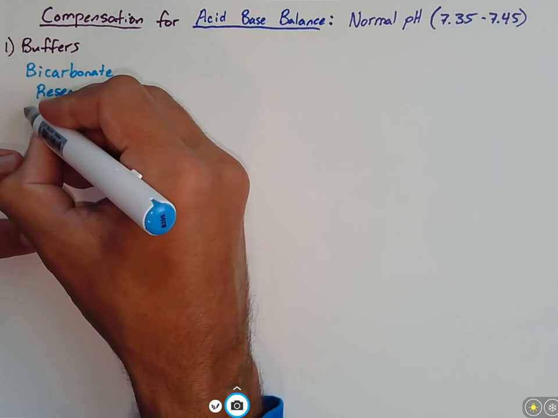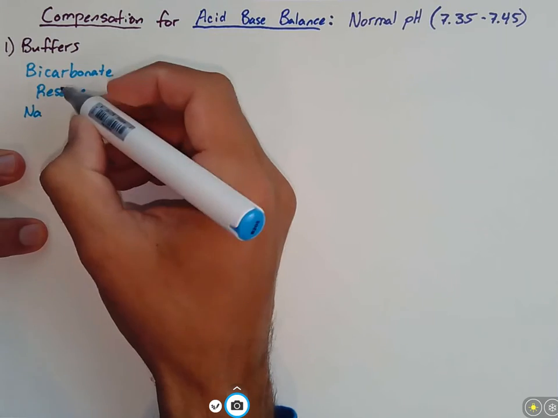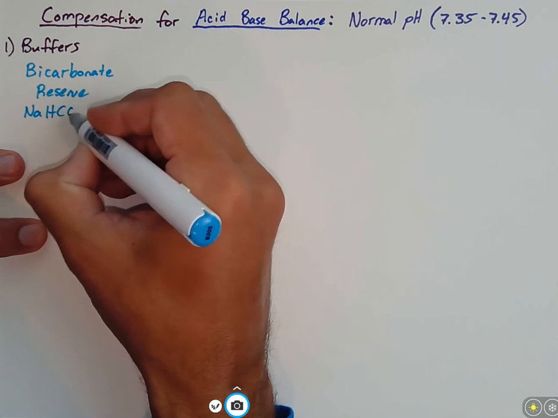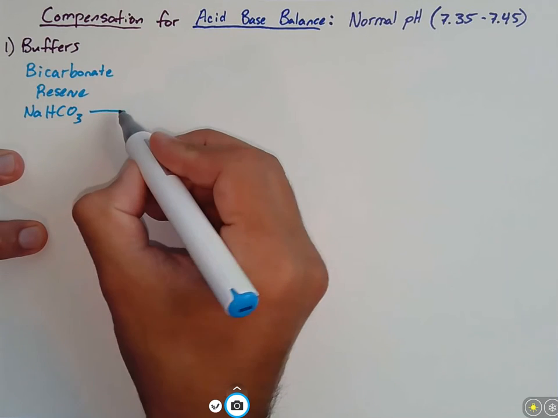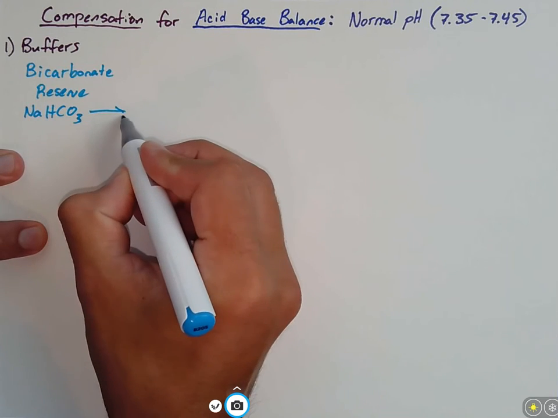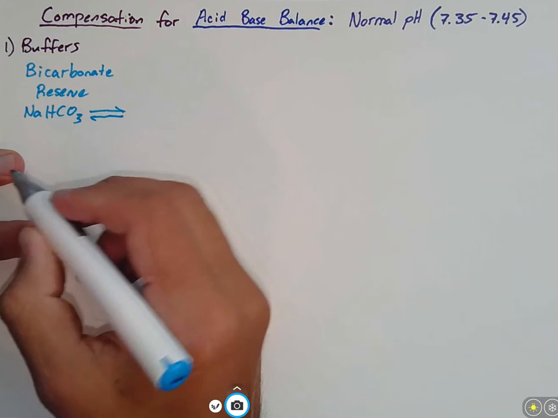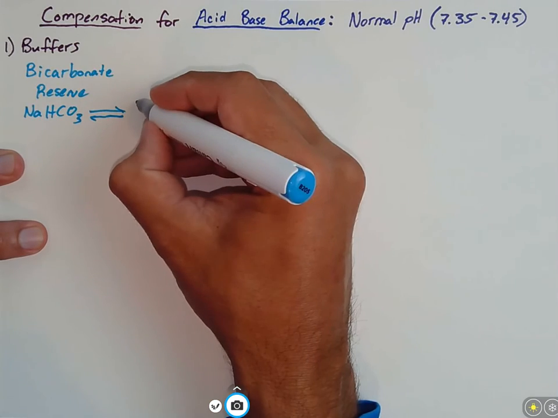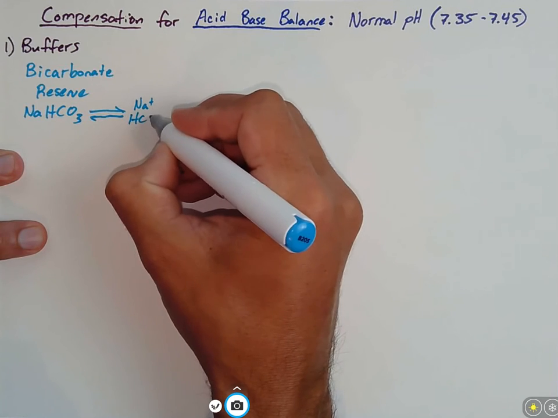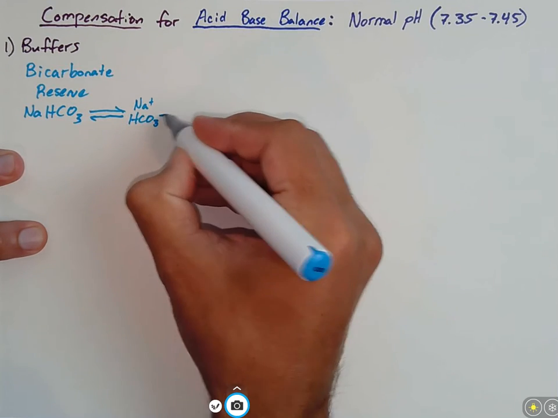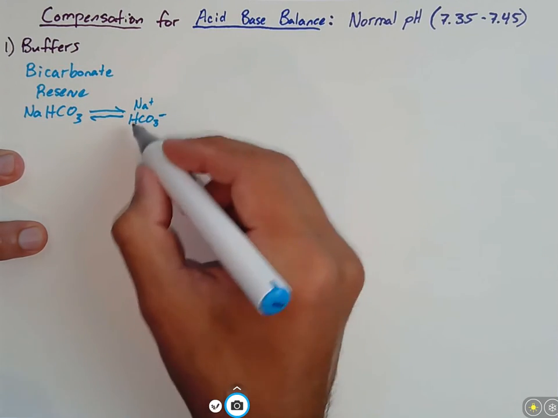Now, typically bicarb is bound to something. Our body makes a lot of sodium bicarb, for instance. But when sodium bicarb gets into water, it's going to dissociate. This is a reversible reaction depending on how much water is in the system. This is going to dissociate into a sodium ion and a bicarb ion.